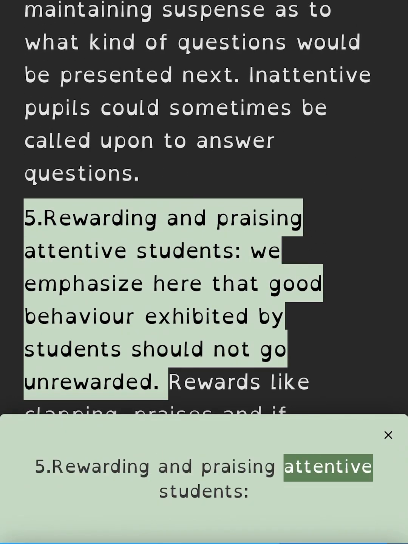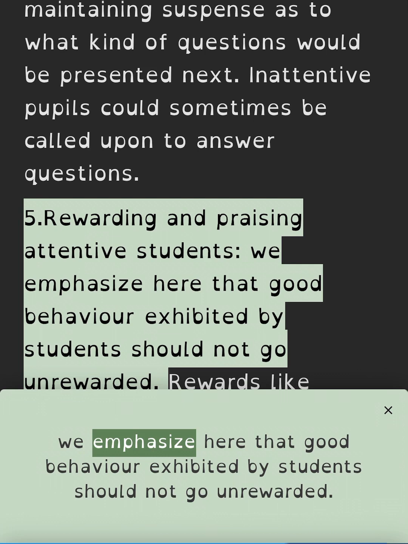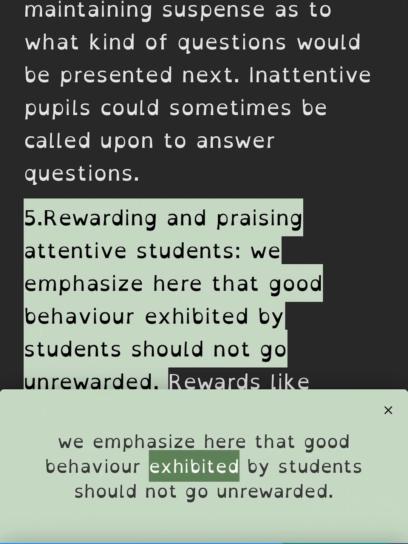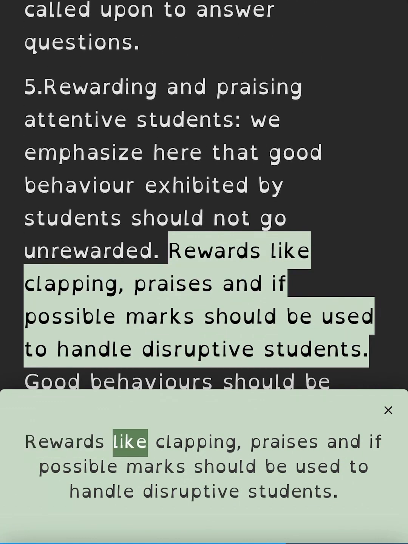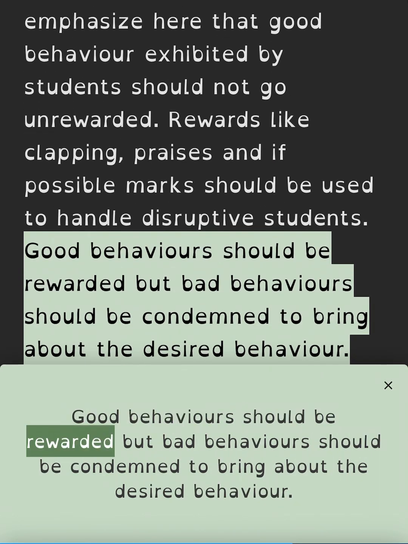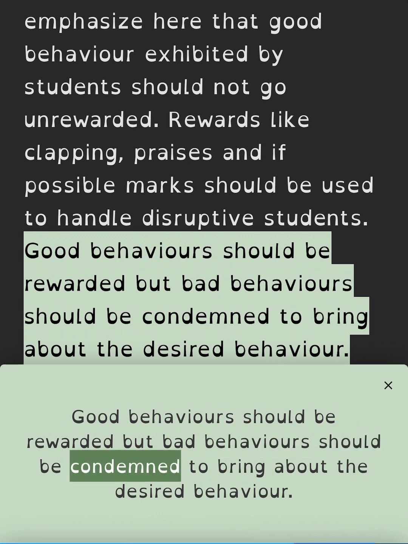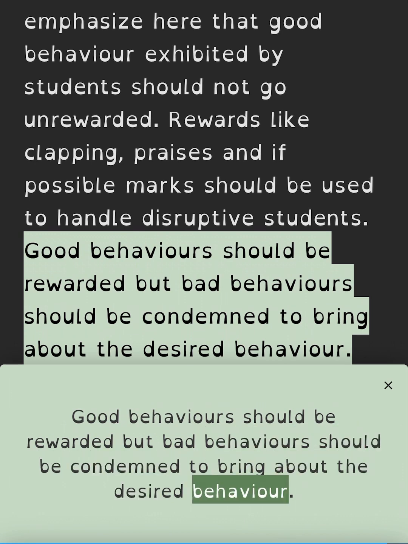Rewarding and praising attentive students. We emphasize here that good behavior exhibited by students should not go unrewarded. Rewards like clapping, praises and if possible marks should be used to handle disruptive students. Good behaviors should be rewarded, but bad behaviors should be condemned to bring about the desired behavior.